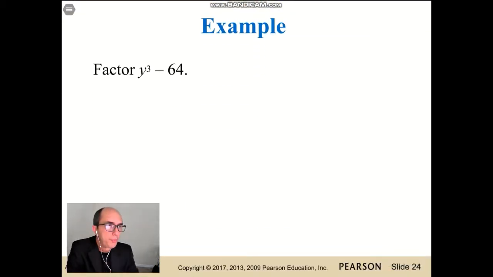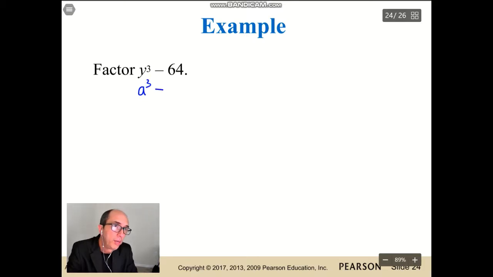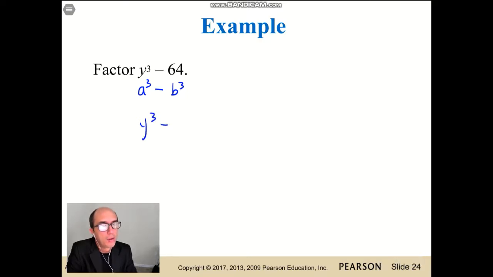Let's try another example. y cubed minus 64. Now we have, let's compare a cubed minus b cubed. So y cubed, and 64 we can rewrite as 4 cubed, right? 4 times 4, 16, times 4, 64.